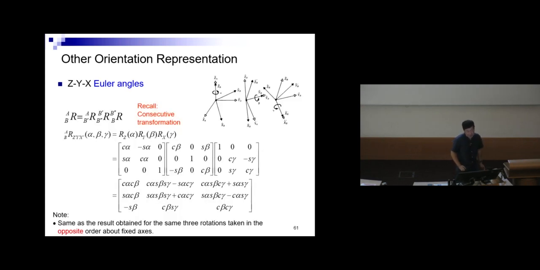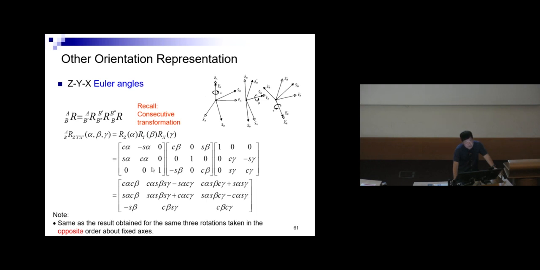And then what happens here is the same thing, we recall our consecutive transformation. So your AB rotation is equal to AB prime rotation, B prime B double prime rotation, B double prime B rotation. So you have a multiplication of this. And when you solve it in the form of operators, you have your Z alpha, Y beta, X gamma.